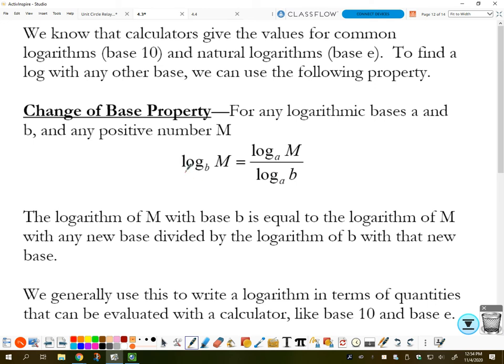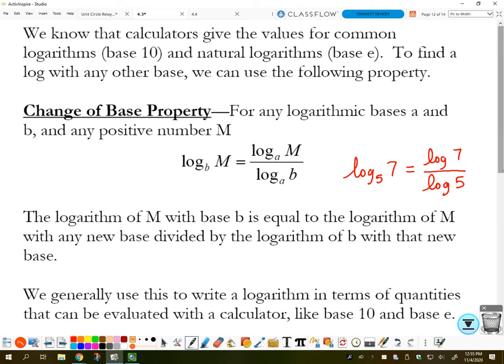Alright, so if I have log base 5 of 7, as long as these bases match, and you should pick a 10 or an e, because those are the buttons that your calculator is going to have, then you can write it as log of the argument, the tall number, divided by log of the base, the short number.